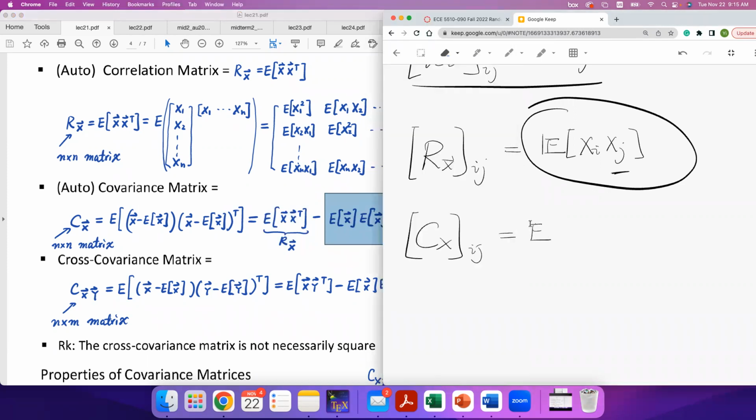And you can check that it is essentially the correlation between xi and xj minus the product of their means, which by definition is the covariance between xi and xj.